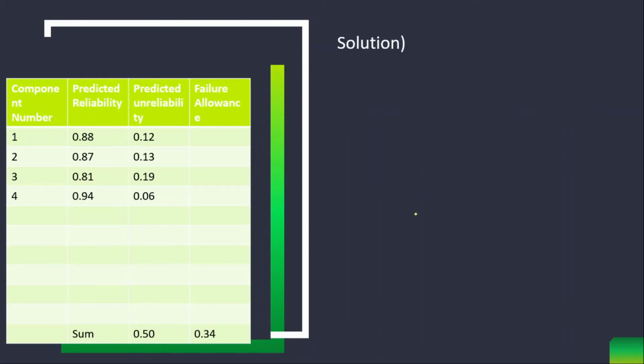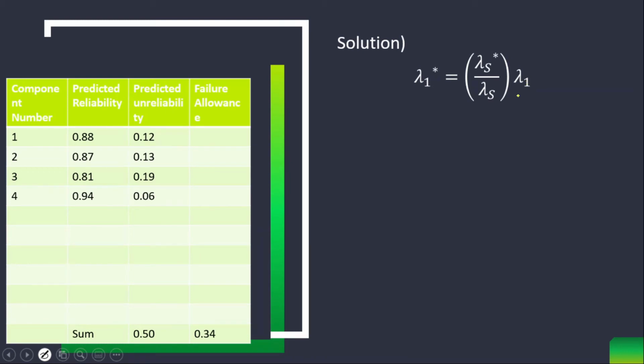Now by using this 0.34 and the predicted unreliability 0.50, we are going to find the failure allowance of each component. The failure allowance of the first component is lambda 1 star, equal to lambda S star, that is 0.34, divided by lambda S, that is 0.50, into lambda 1.